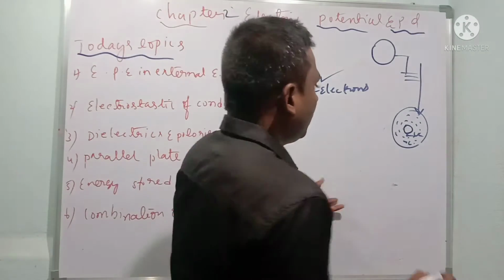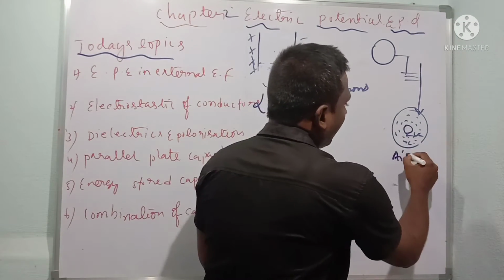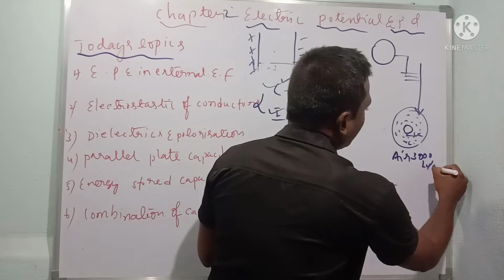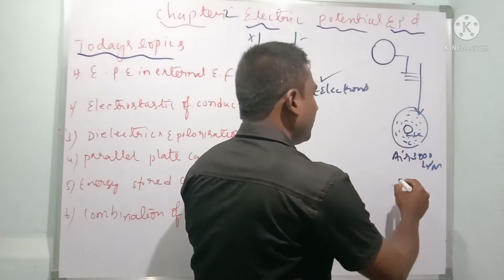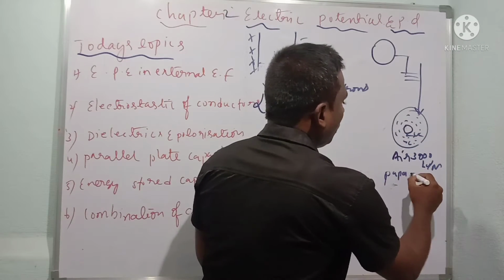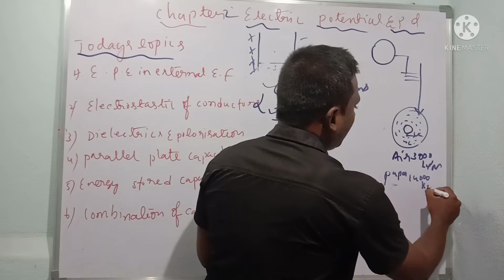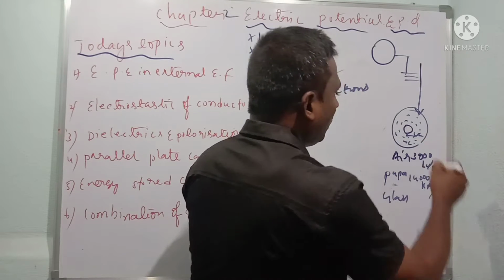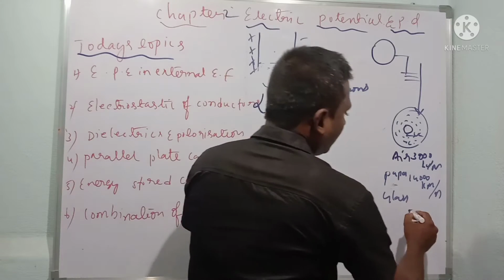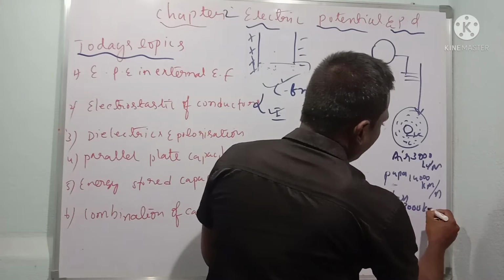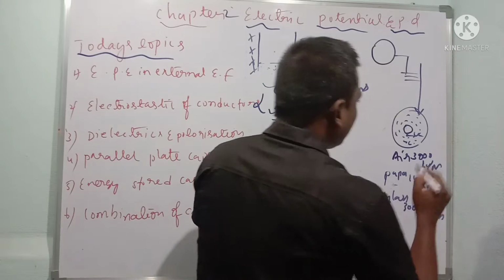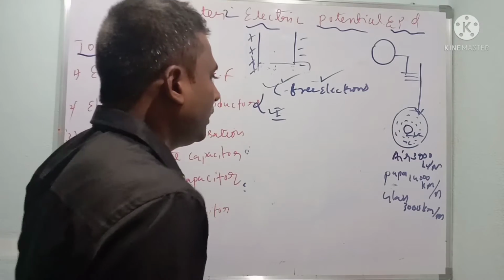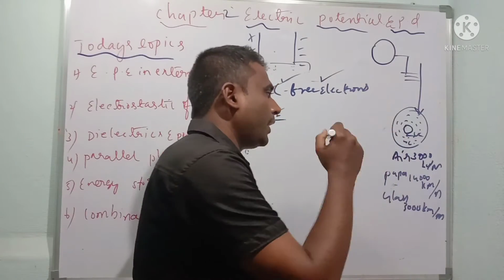So children, for air I can make it a conductor by applying 3000 kilovolt per meter. For paper it is 14,000 kilovolt per meter, and for glass it is 30,000 kilovolt per meter. You should remember these values. So what is my point here? Dielectric strength and dielectric breakdown.